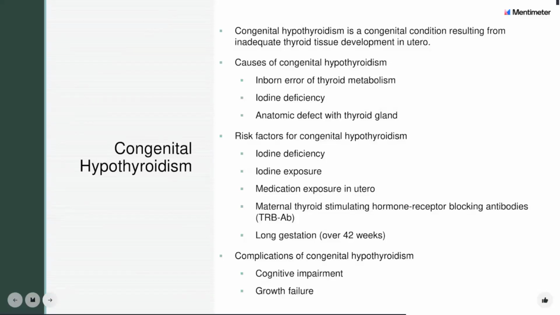It can also be a medication exposure to the fetus or that long gestation. So if we're post dates over 42 weeks, then we can also be at high risk for hypothyroidism. And when we don't have enough thyroid hormone, it can cause cognitive impairment and also prevent us from growing appropriately.